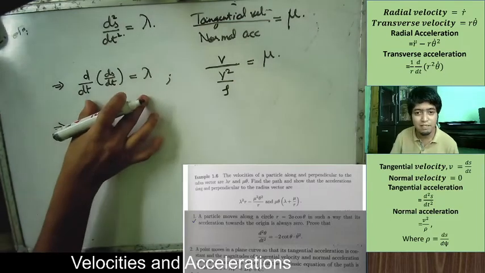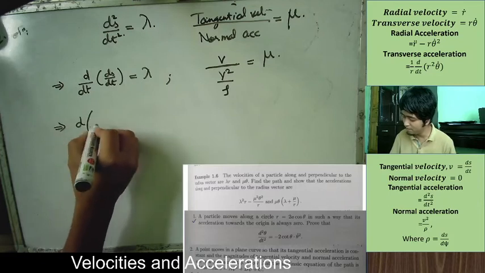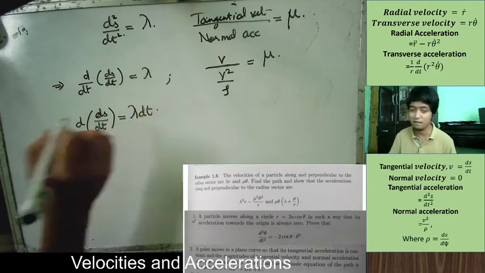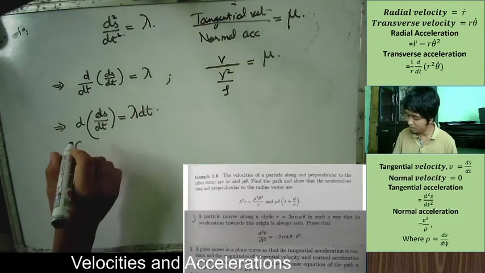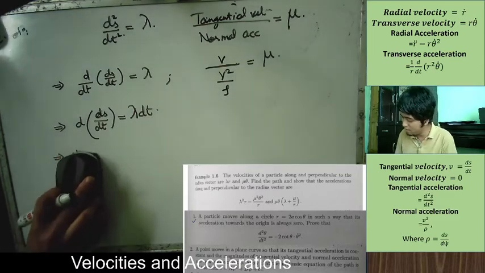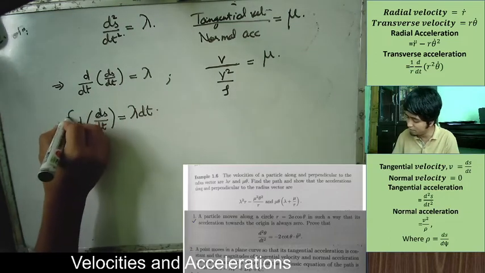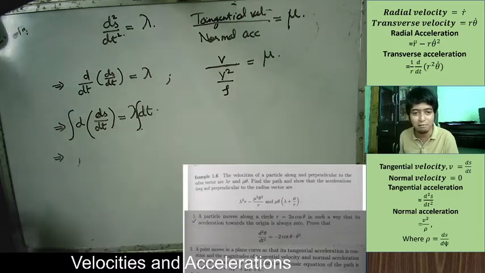For this one, we just have to separate the variables and integrate. So we have d(ds/dt) equal to lambda dt. Taking this dt to this side, we can integrate. Lambda is a constant, so we can keep it outside.